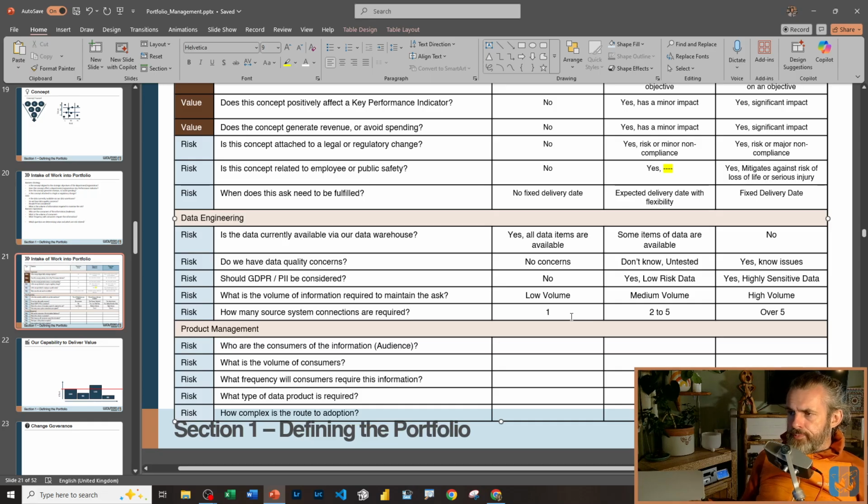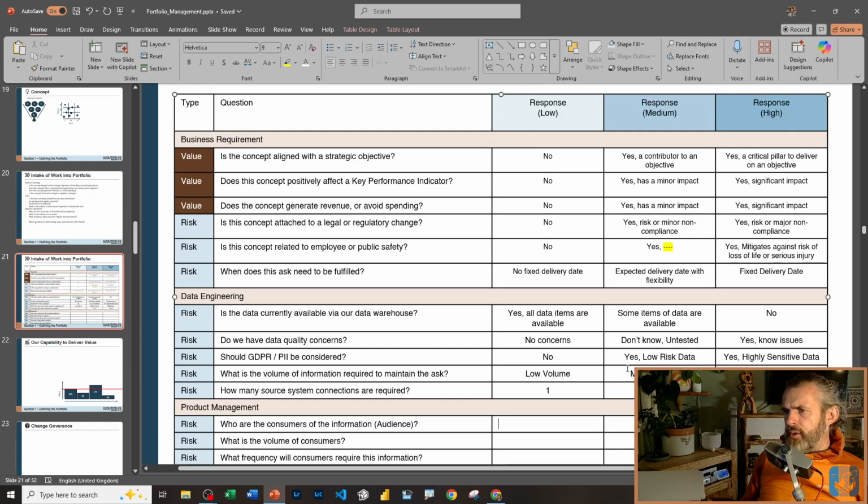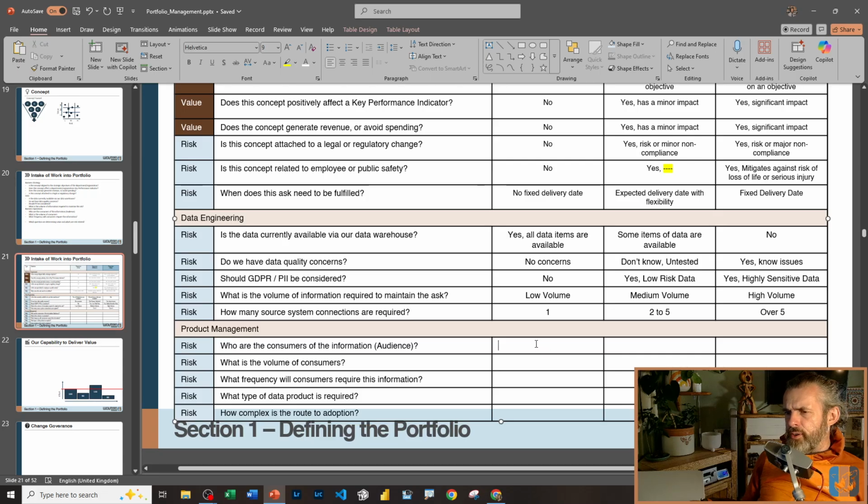And then the final section, who are the customers? Now, I'm not sure about how this will fit into a high, medium, and low, because I think that it's not necessarily the level of consumers, but maybe it's the groups.